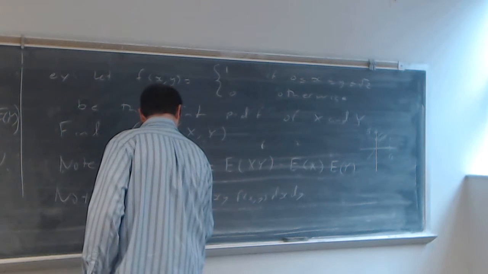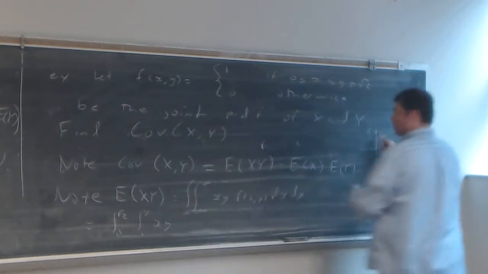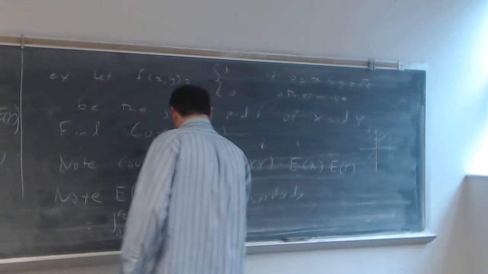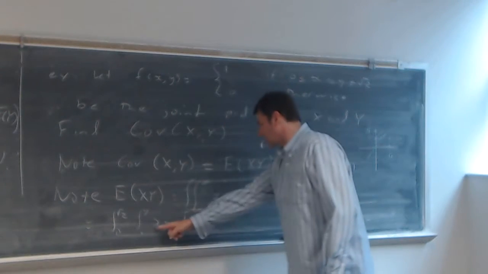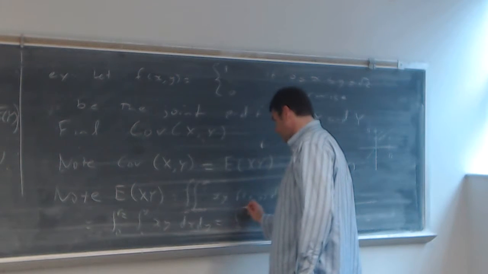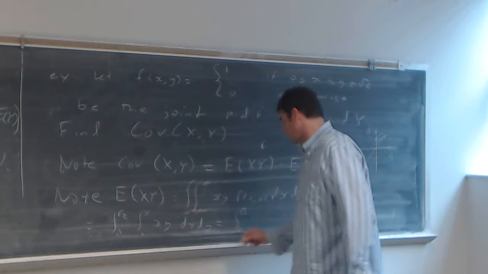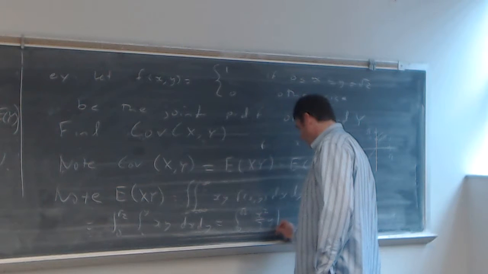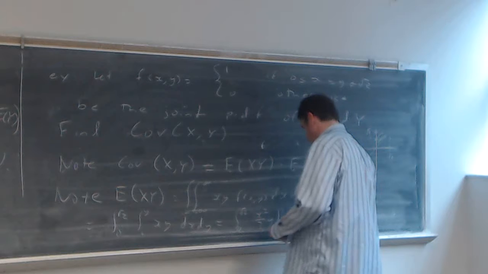And here I have x times y, and f of x comma y over that region is just defined to be 1. So then I have dx dy. We do the antiderivative of x times y with respect to x, which is x squared over 2 times y, evaluated when x runs from 0 to y, and then whatever I get for that, I have to integrate with respect to y.